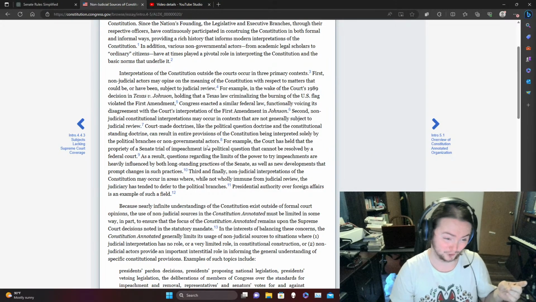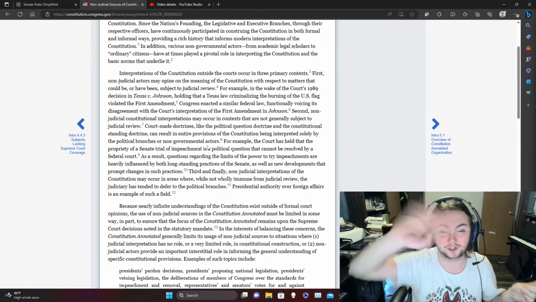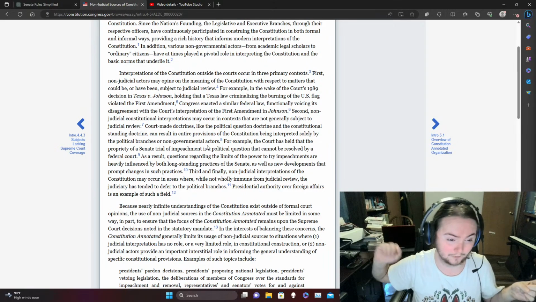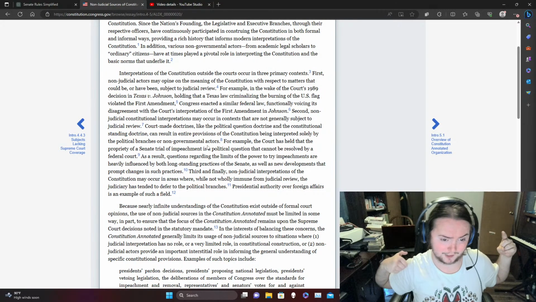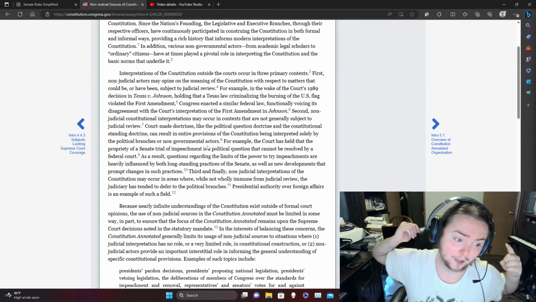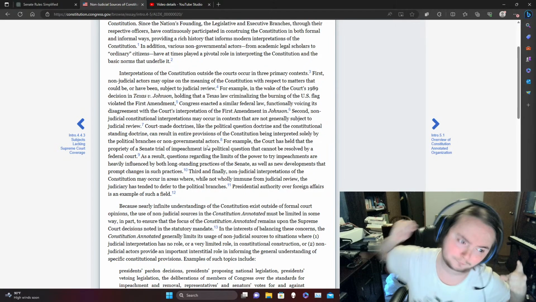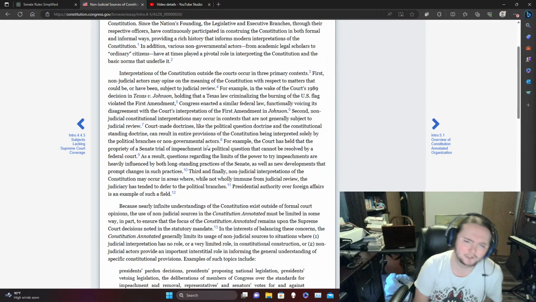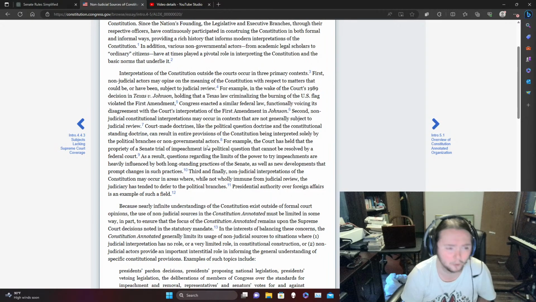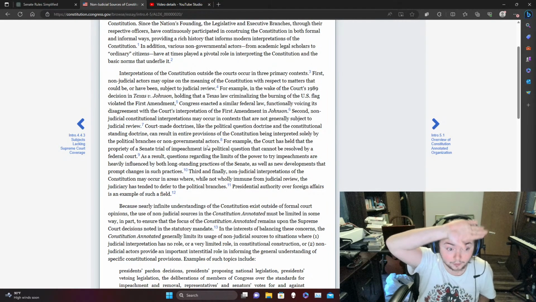Second, non-judicial constitutional interpretations may occur in contexts that are not generally subject to judicial review. Court-made doctrines, like the political question doctrine and the constitutional standing doctrine, can result in entire provisions of the Constitution being interpreted solely by the political branches and non-governmental actors.